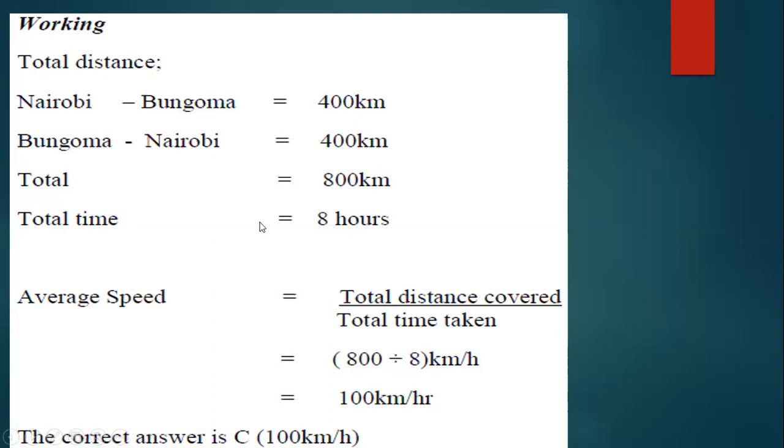Then total time taken, we have subtracted 1500 hours minus 700 hours, it's 8 hours. Our formula is average speed for the whole journey is equal to total distance covered over total time taken. So we're dividing 800 by 8, and your answer will be 100 kilometers per hour.